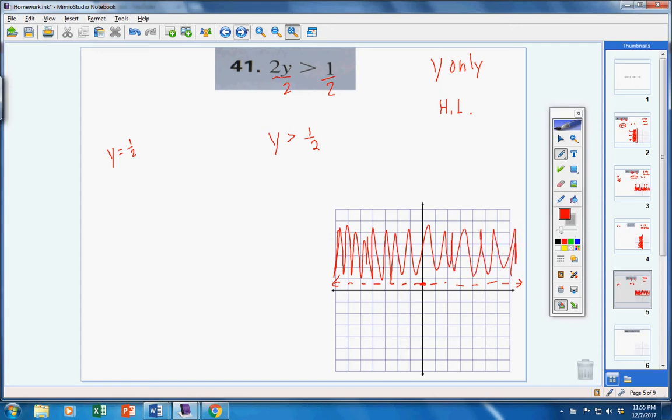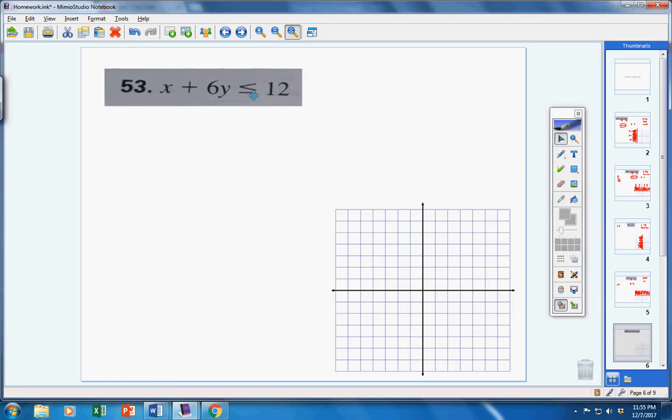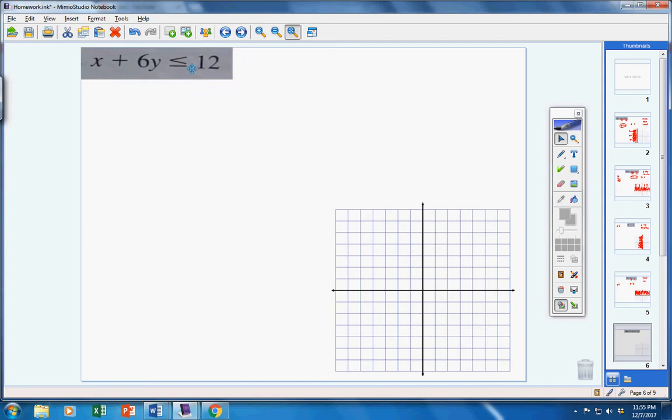Moving on to number 53. Now students, on the next 4 problems, these problems will have x's and y's. So please pay attention on how to graph these. Now first of all, I notice right away I have an x and y, so I'm going to have a slanted line.